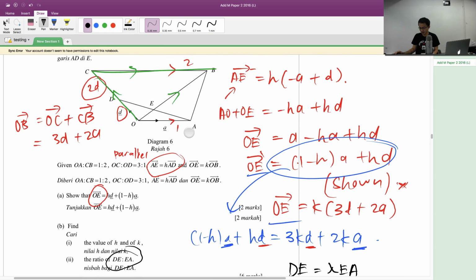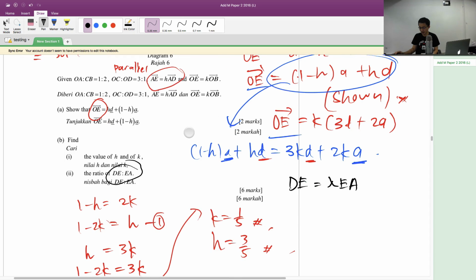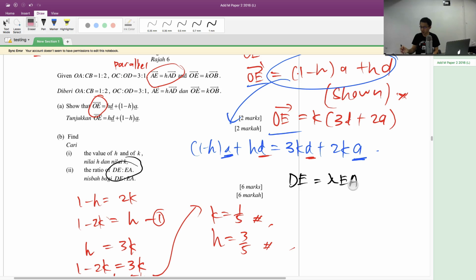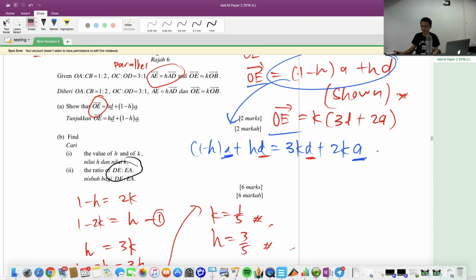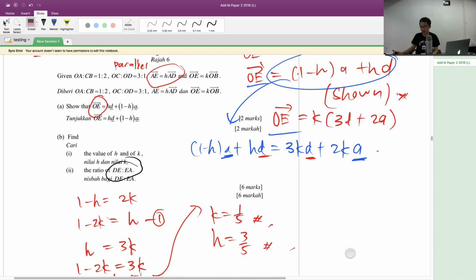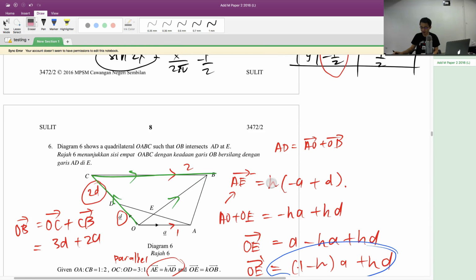Okay, is there a way to get EA? No, I do not want to use this one because I couldn't find it. I will use something I can find from the diagram. So maybe I can use DE equals lambda DA, because I have the DA already.